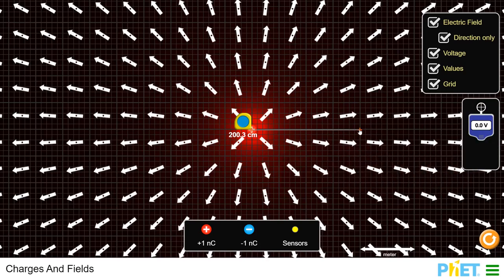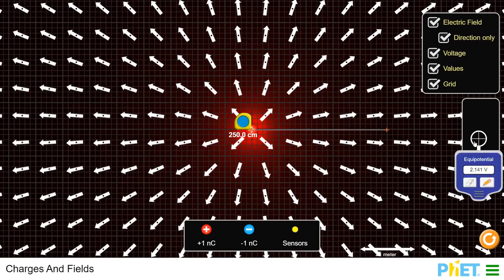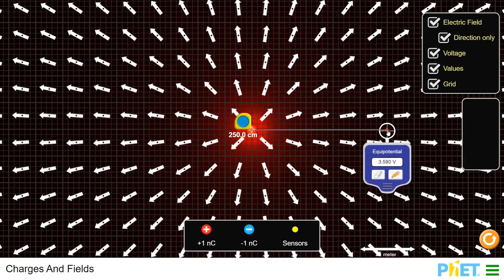And then we have 2.5 meters, or 250 centimeters. So we have the exact distance, 250 centimeters or 2.5 meters. The electric potential now is equal to 3.599 volts.